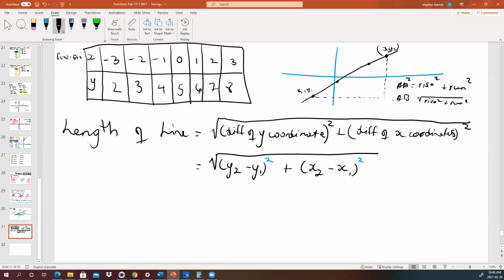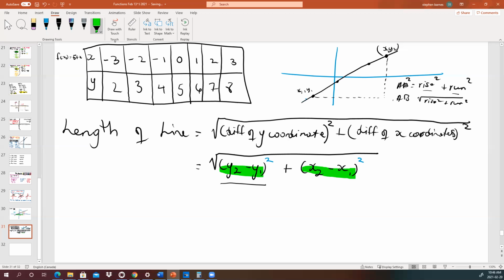So this is just background as to why this is the formula to find the length of the line. It's literally using the Pythagoras theorem that you learned not too long ago. And this is rise and run. This is why this looks like what you have on the top of your gradient formula, and this looks like what you have on the bottom of your gradient formula, because this is rise over run.